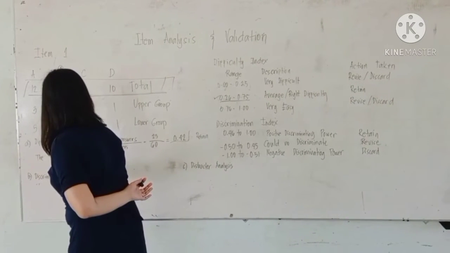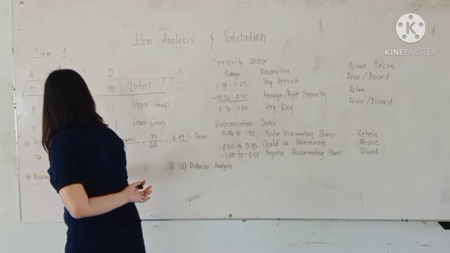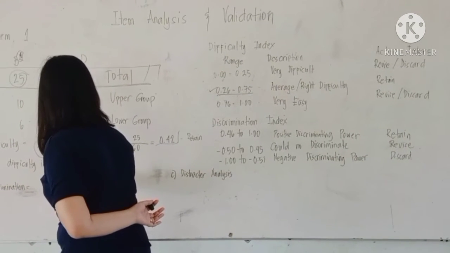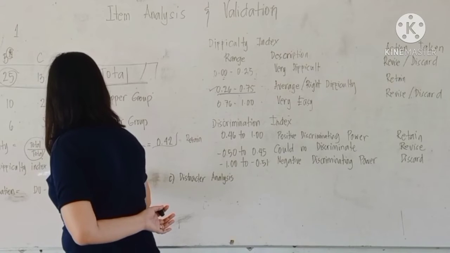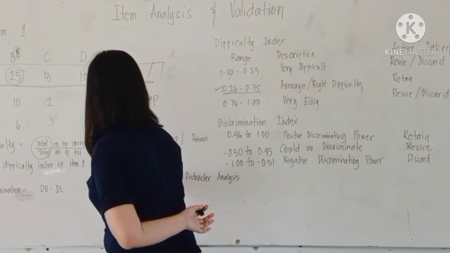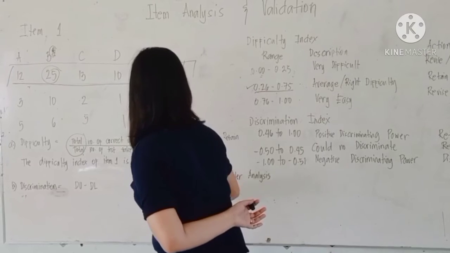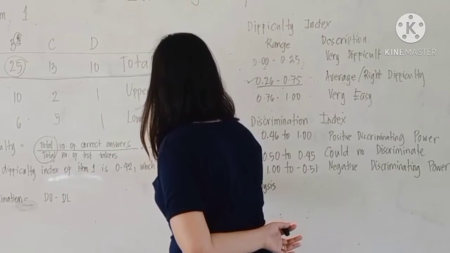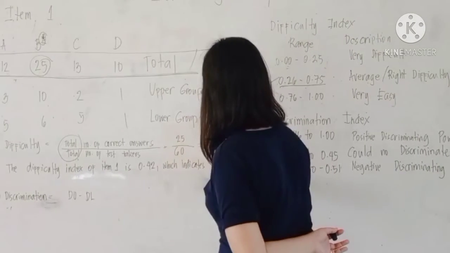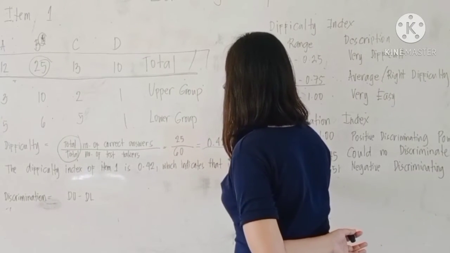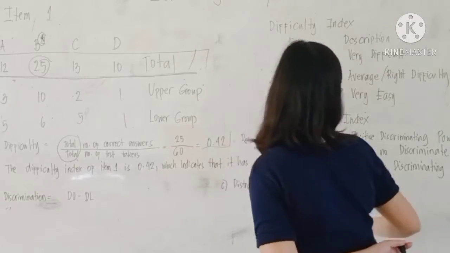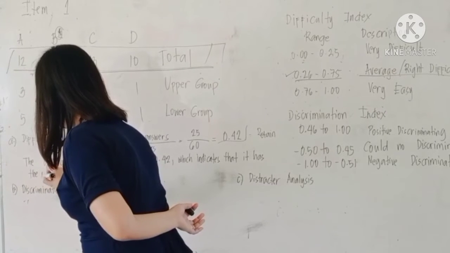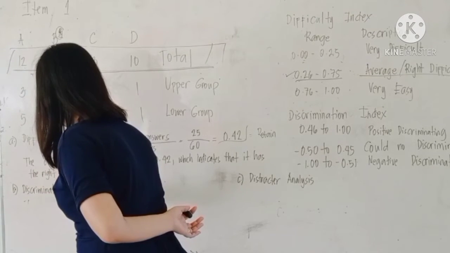The difficulty index of item 1 is 0.42, which indicates that it has the right difficulty.